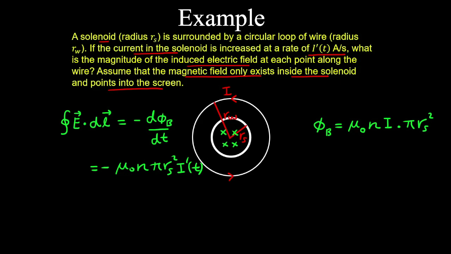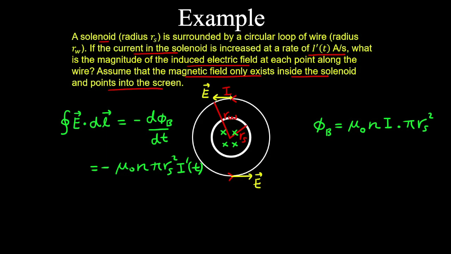So therefore the electric field is going to be tangent to this loop of wire, resulting in an electric force that effectively pushes the positive charge anti-clockwise around the loop in the direction of the conventional current.